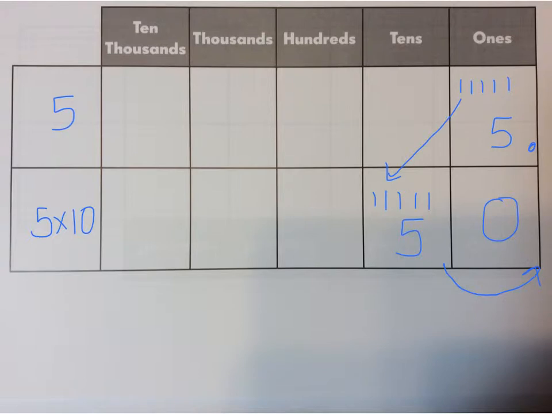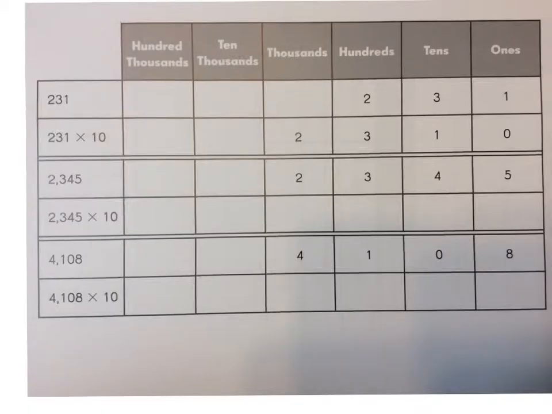So 5 times 10 is 50. In this table, we started off with the number 231, and when we multiply it by 10, the digits all go to the left, or the numbers representing the counters, and the decimal that was at the end went to the right. Empty column, so a 0 had to be added in the empty column.